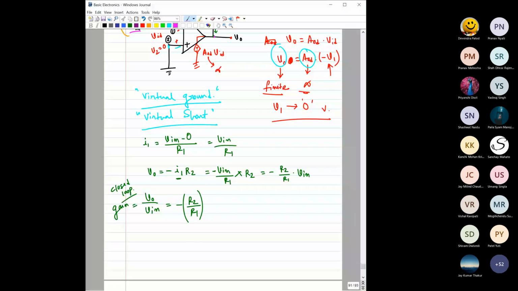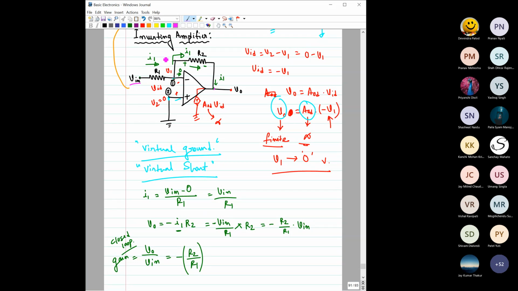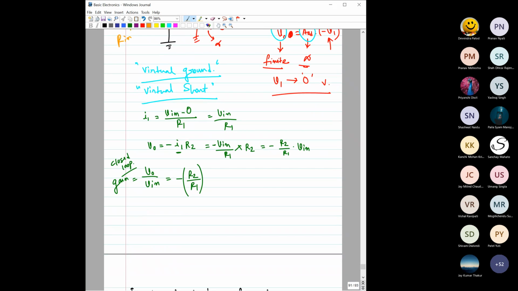Now, for this case, if we want to look from here and try to find the input resistance, then it is quite easy. How will we find the input resistance?